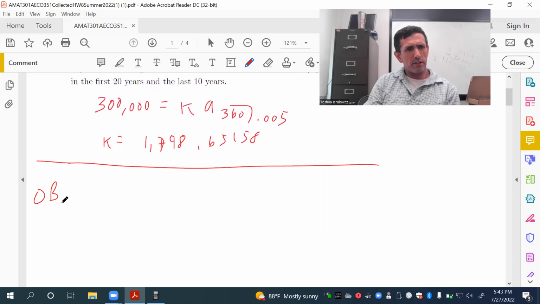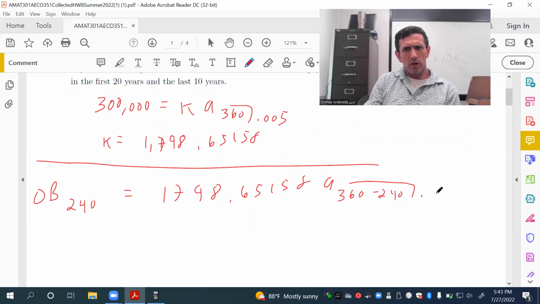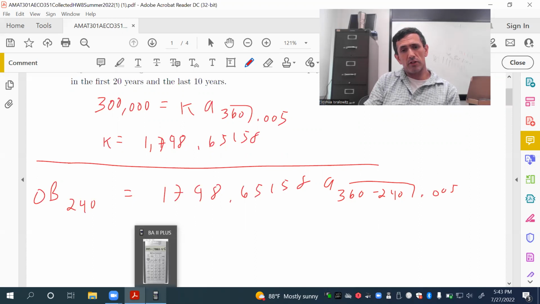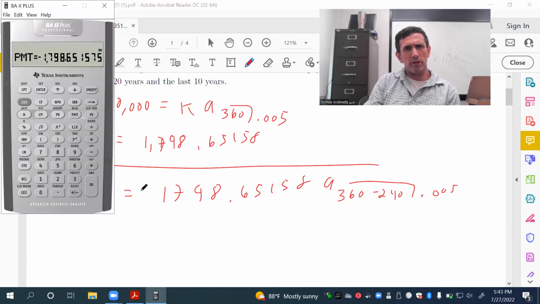All right, so constant payments for this mortgage. So we can use our slightly easier, quicker formula. 1,798.65 times the annuity factor, where N minus T is 360 minus 240, which is 120, at 0.005, the 0.5% effective monthly interest rate.